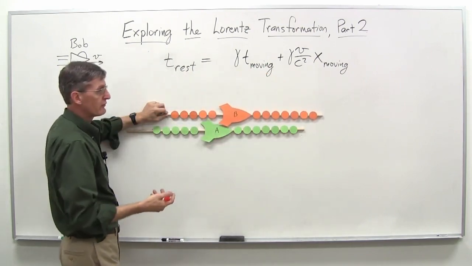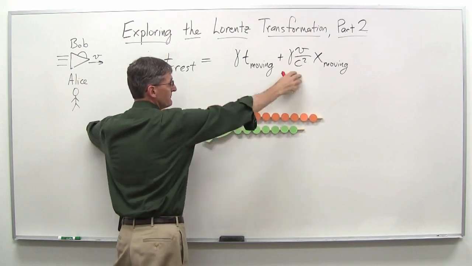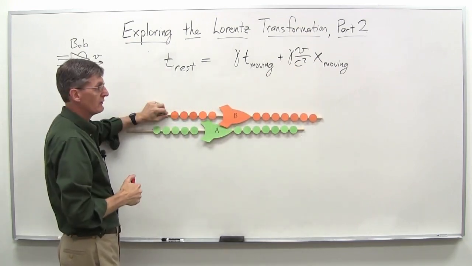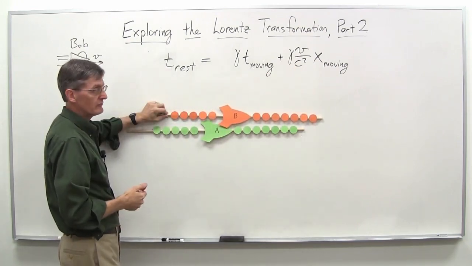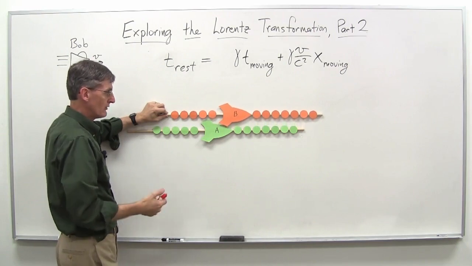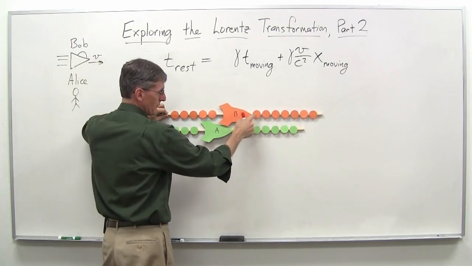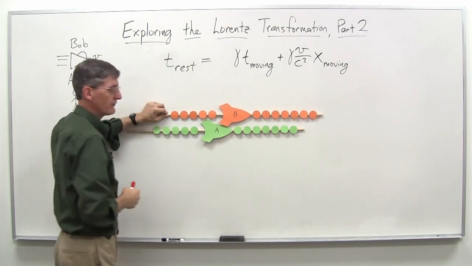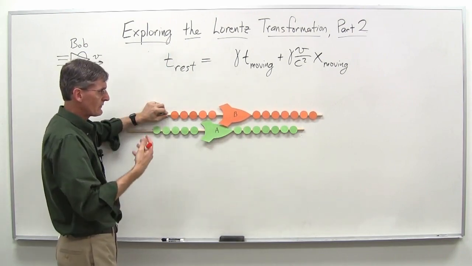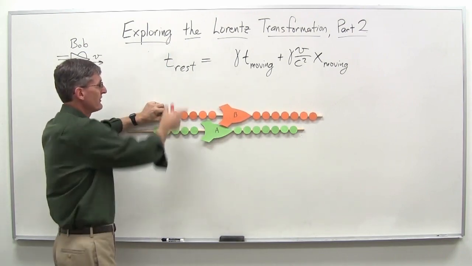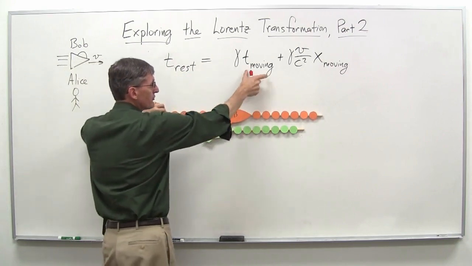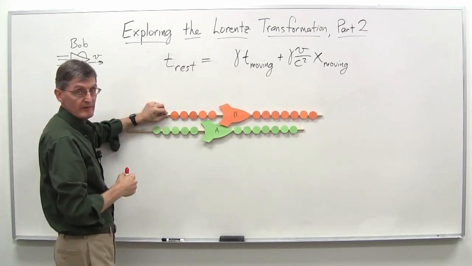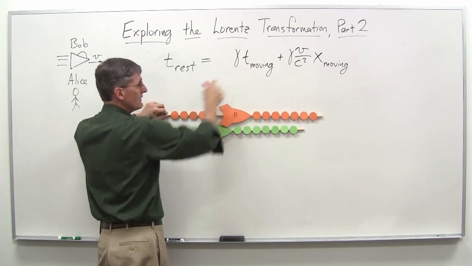And assuming both those terms are positive, we're assuming nothing is 0, because v is not 0, gamma is not 0, obviously. X is not 0. In other words, the x value is maybe the first, second, or third clock out there. So what that essentially means is if this is 10, then this term here has to be less than 10. And in particular, t moving has to be less than 10.